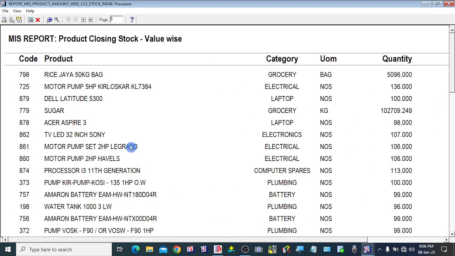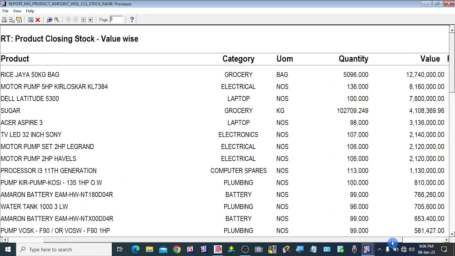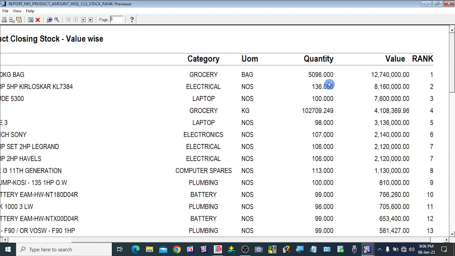In this value wise closing stock information, the top product value wise is rice Jaya 50 kg bag. We have 5096 bags and the value is 12,740,000.